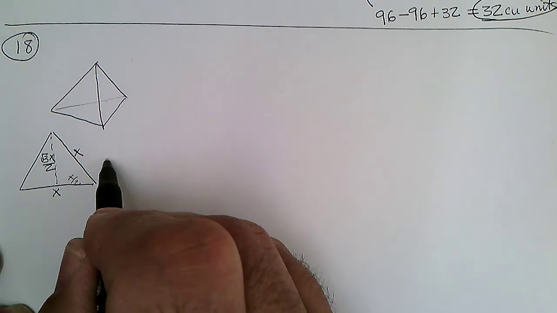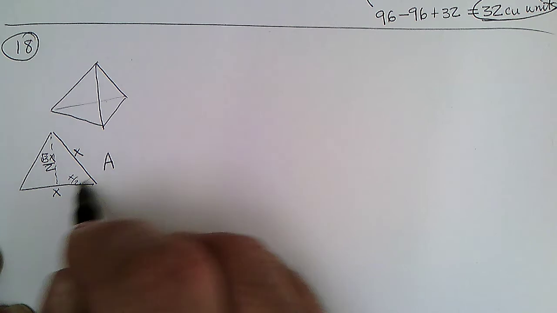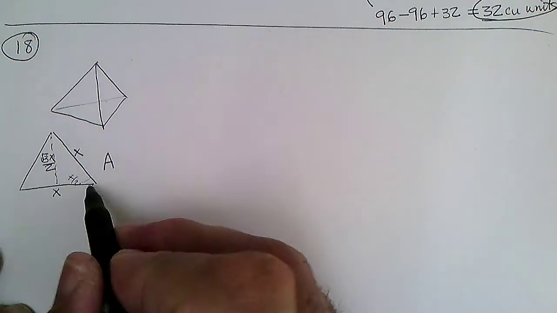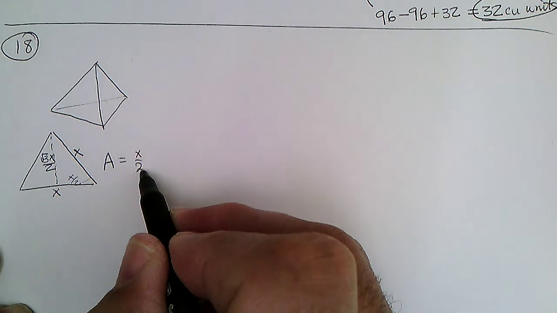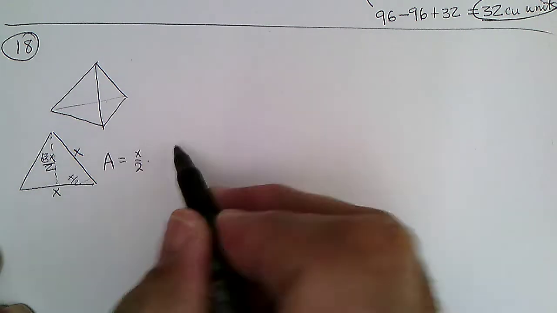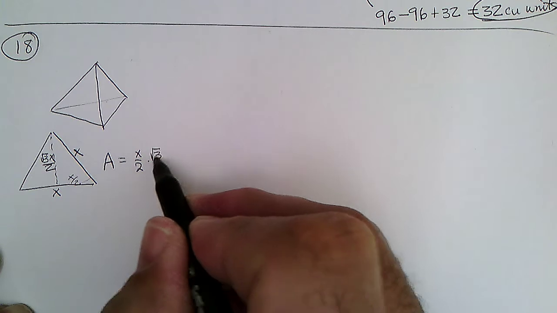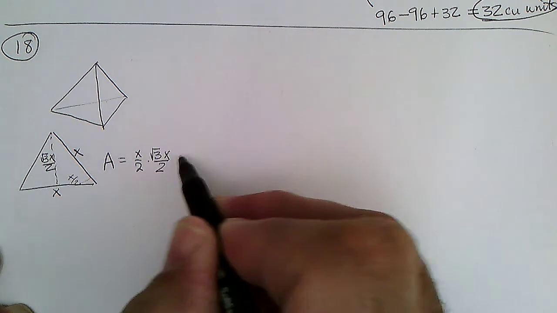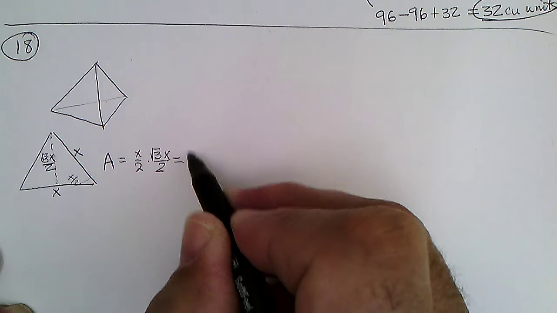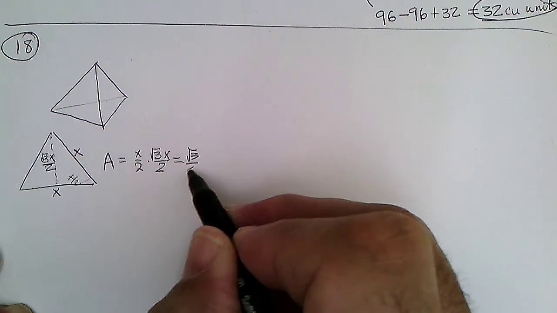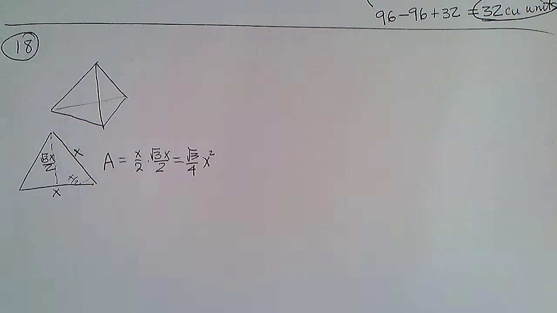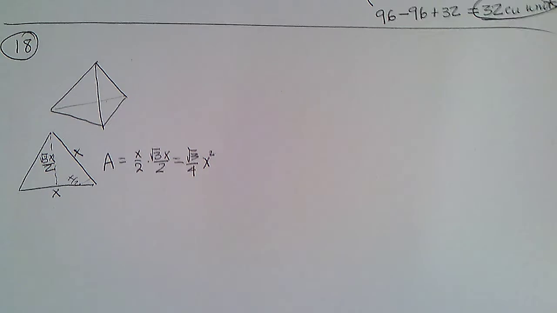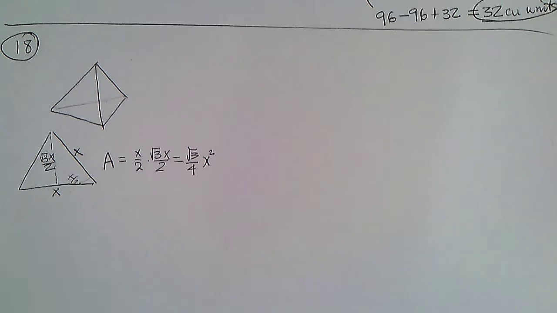So the area of an equilateral triangle is half the base times the height, or square root of 3 divided by 4 times the side squared. Okay, so that's the formula for the area of an equilateral triangle.